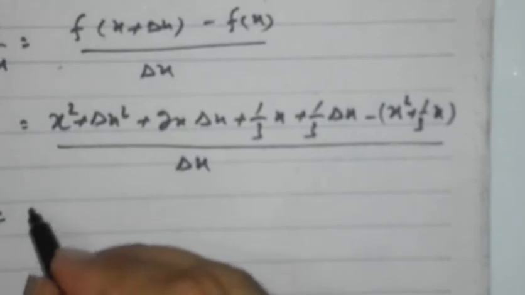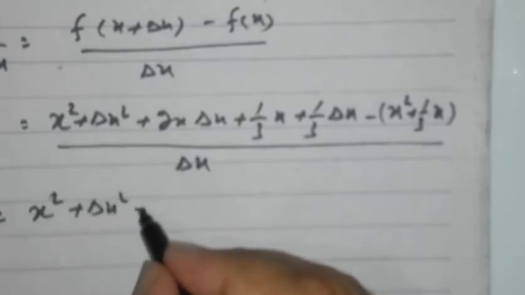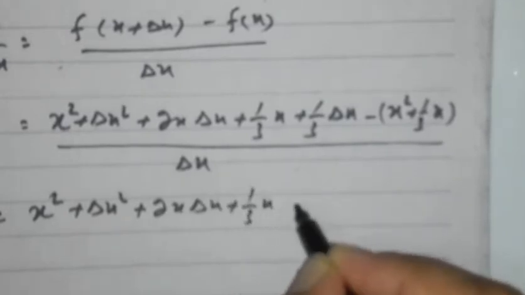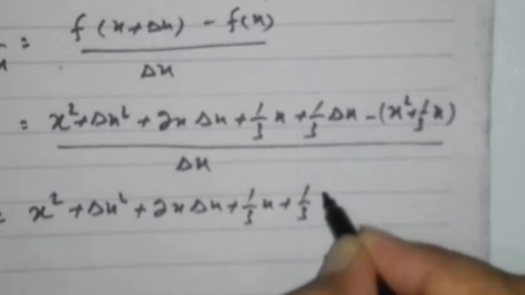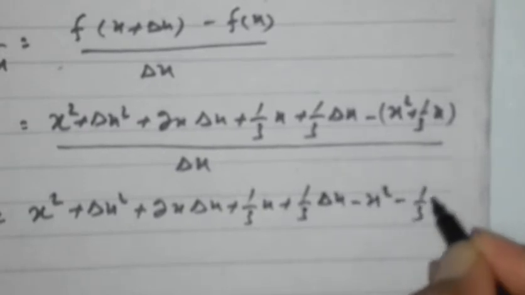Now look, x square plus del x square plus 2x del x plus 1 by 3x plus 1 by 3 del x minus x square minus 1 by 3x divided by del x. x square cancels with x square and 1 by 3x cancels with this.